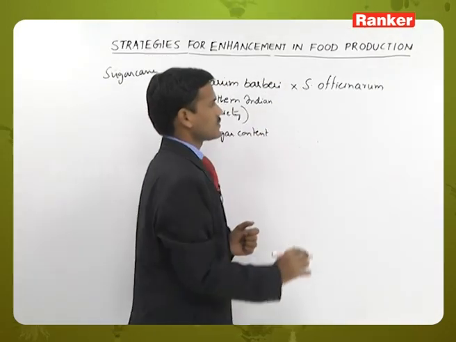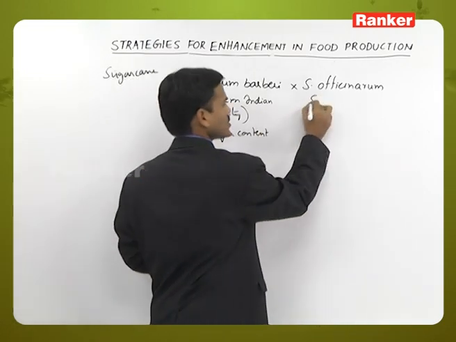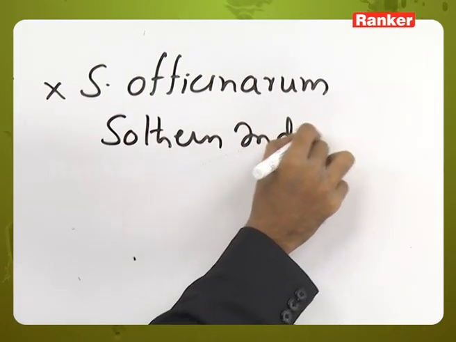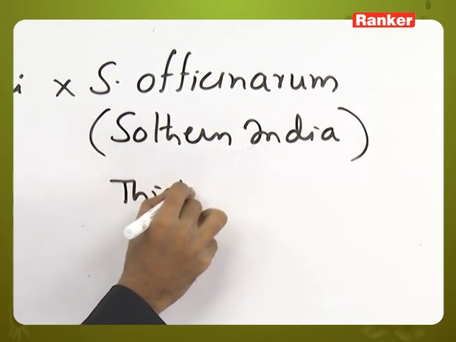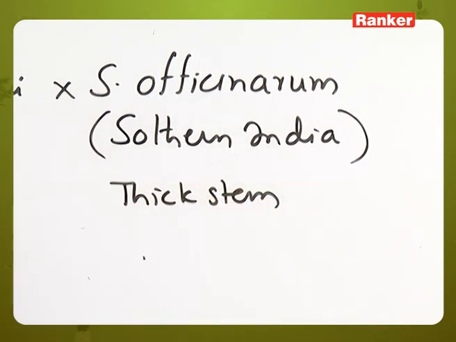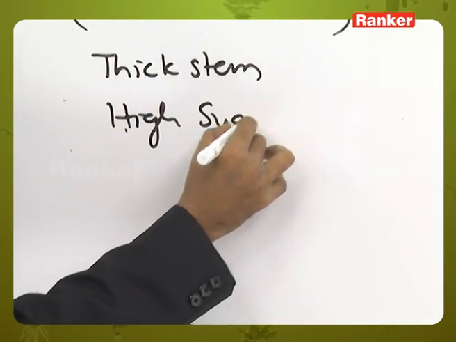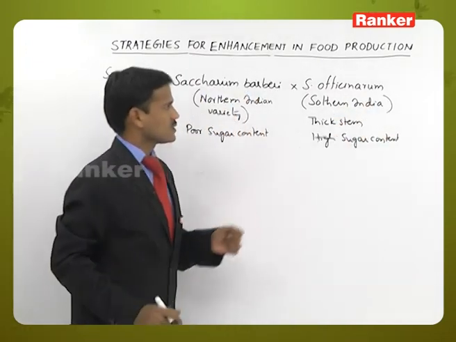Saccharum officinarum generally grows in the southern region, southern India, and it shows a thick stem and high sugar content. So these two plants are crossed.